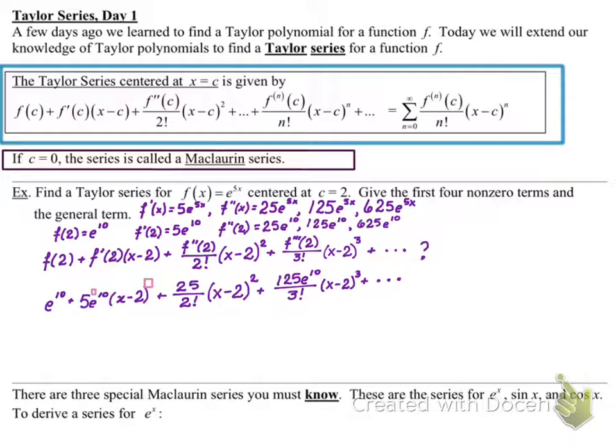So when we come out to the end to look at the general term, we see that it matches that x minus 2 thing, and that e is always to the 10th.